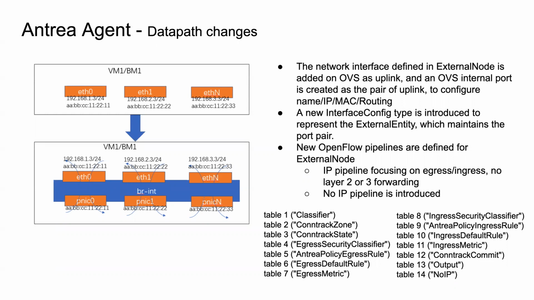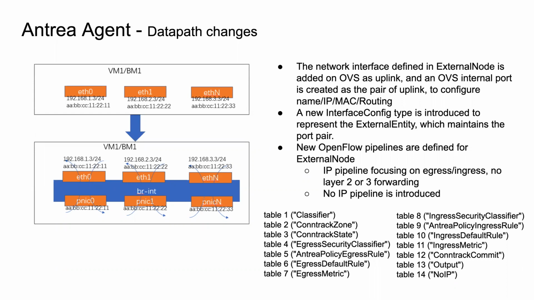Correct. As you may know, for the container case, when the packet enters the OS pipeline in table 0, we only set the source register mark to know where the packet is entering OS from. But in the external node case, in the first table of the IP pipeline, maybe not just the first table in the OS pipeline, we are already setting the target port in register 1.